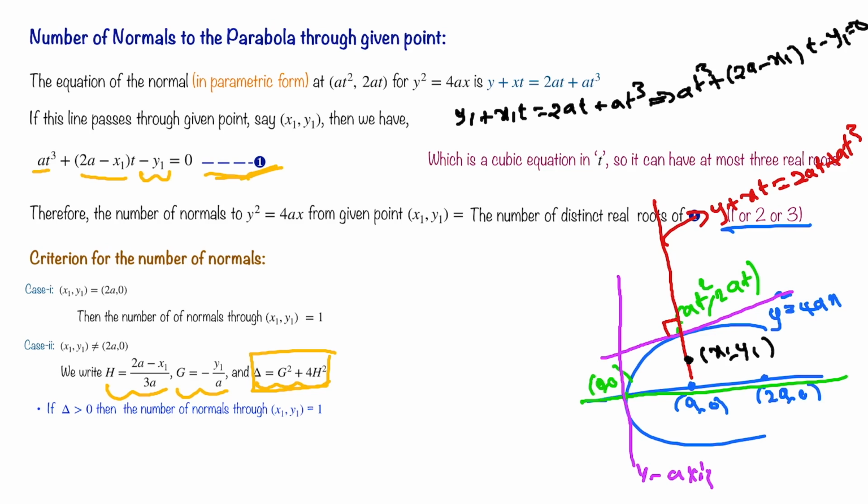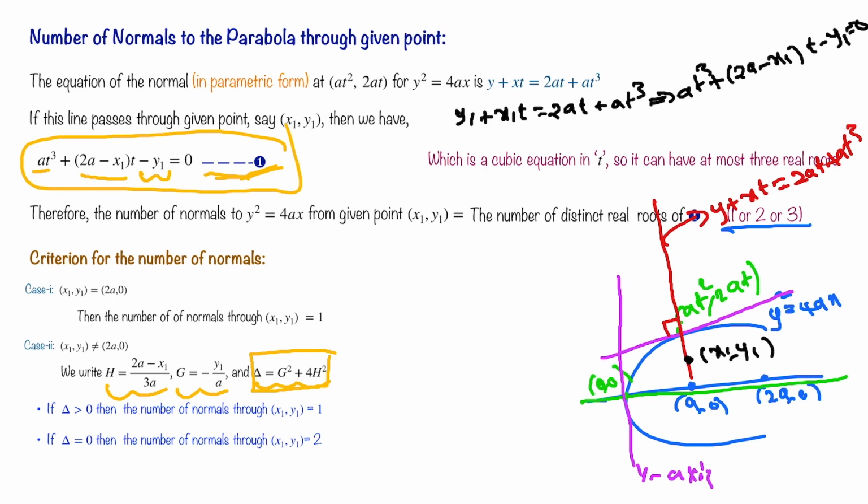If delta equals 0, then the number of normals through (x1, y1) will be 2, because the number of distinct real roots will be 2.